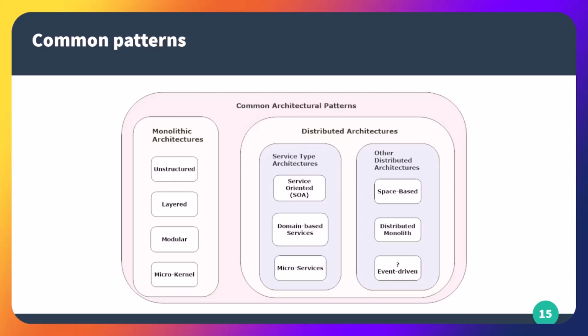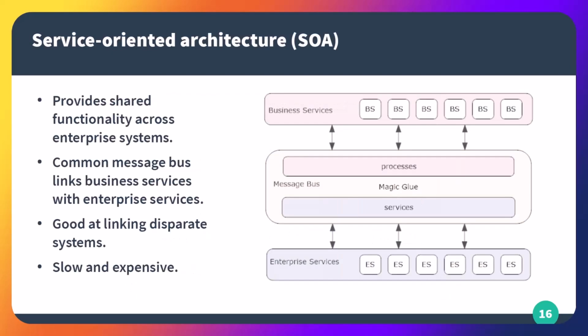There are two distinct groups of architectures here, those based on some kind of service and others, starting with the service-type architectures. The service-oriented architecture, or SOA pattern, has been around for about 20 years now and features an enterprise service bus which orchestrates the associations between a number of business processes and application services.